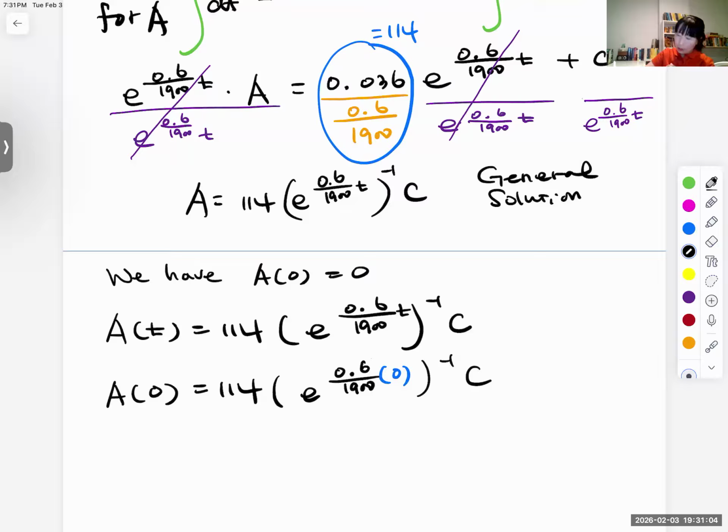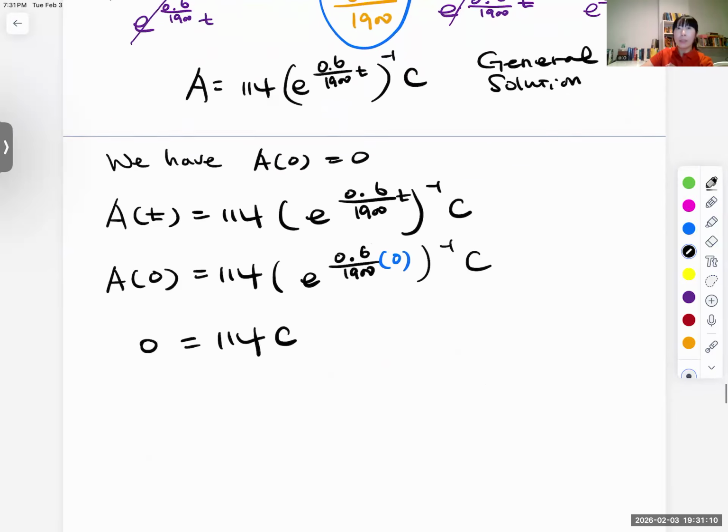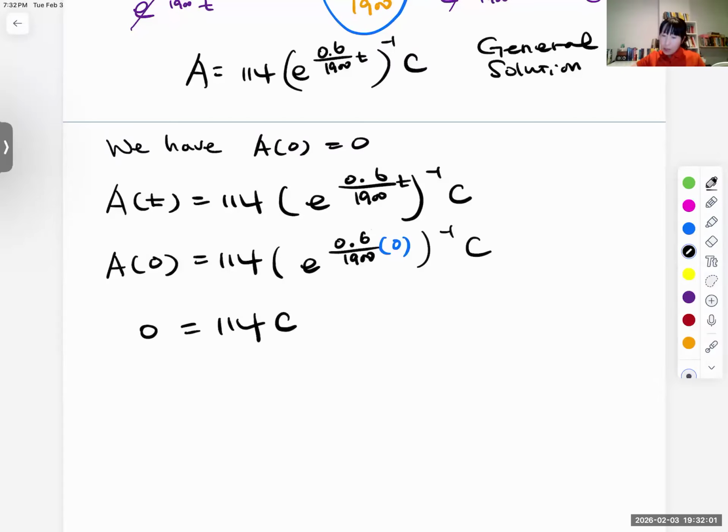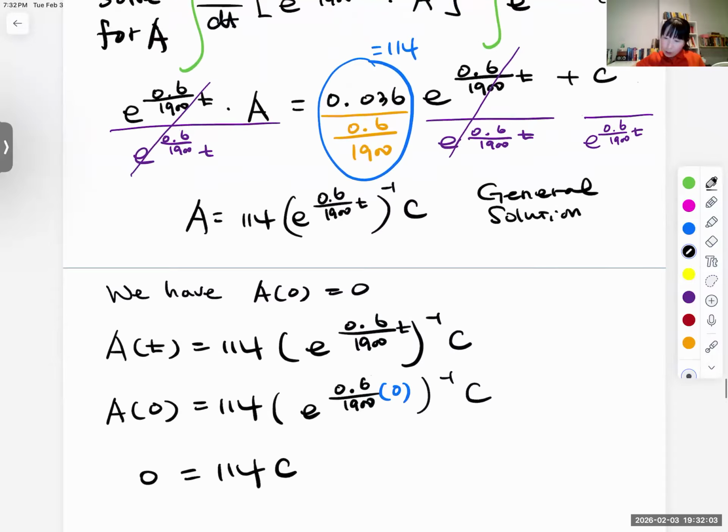So we have 0 equal to 114 C. Then, wait a minute. Hold on one second. Yeah, I'm very sorry.